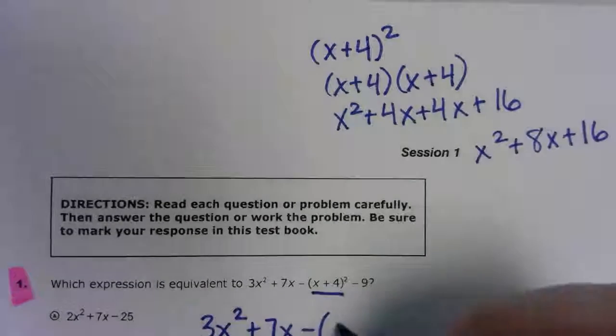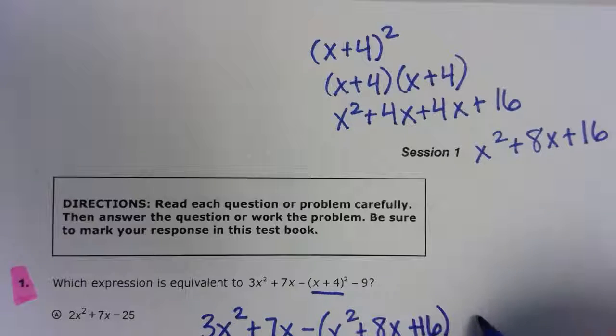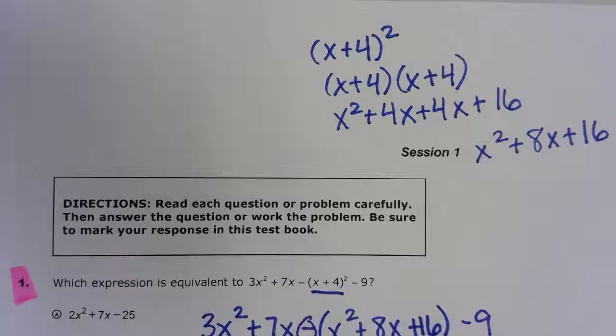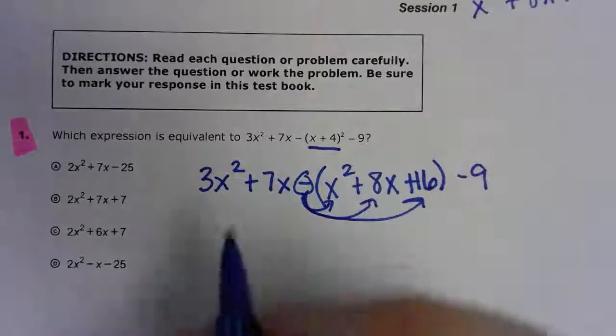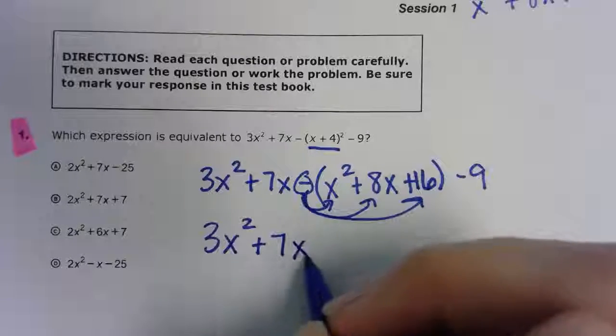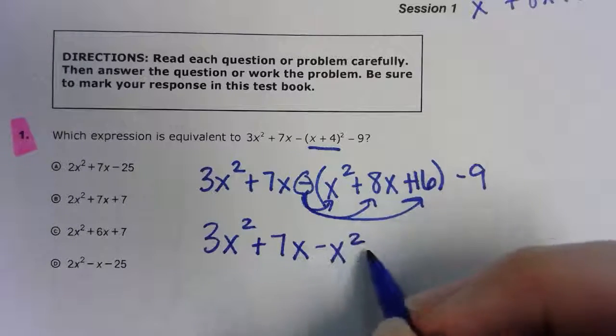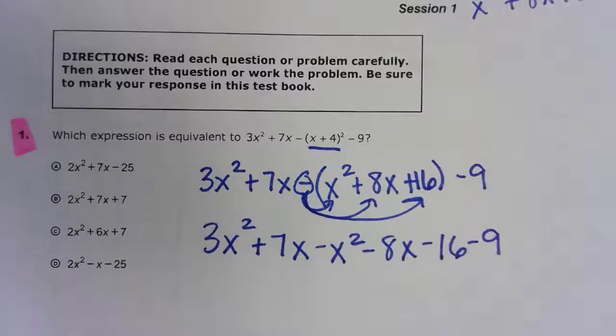So then I can fill that in. And then don't forget your minus 9 out here. Now, this negative has to distribute to every term within that (x plus 4), because this negative is outside of it. So that gives me 3x squared plus 7x minus x squared minus 8x minus 16 minus 9.